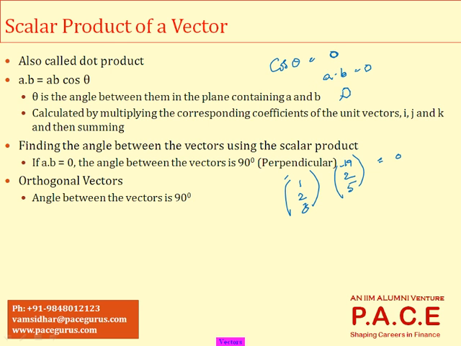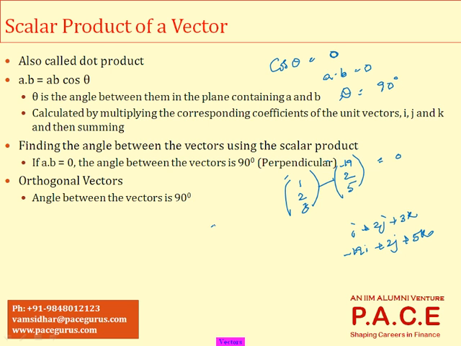If cos theta is 0, from the basic values of cos theta, theta will become 90 degrees. 90 degrees means these two vectors are perpendicular to each other. So i plus 2j plus 3k is perpendicular to minus 19i plus 2j plus 5k. These two vectors are perpendicular to each other because a dot b equals 0.